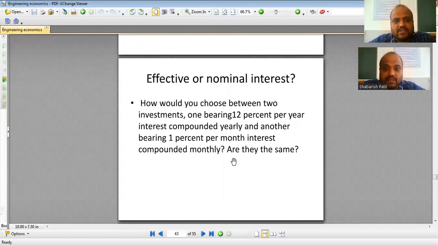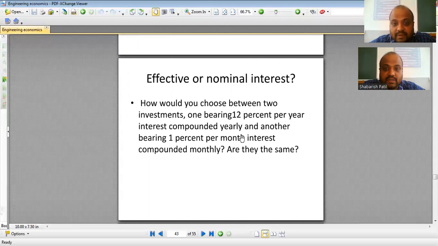Effective or nominal interest, what do you mean by this? Which is going to cost you more? Which may cost you less? That you may have to understand. How do you choose between two investments? I'm just giving you an example here. One bearing 12% per year interest, compounded yearly, and another one bearing 1% per month interest compounded monthly.